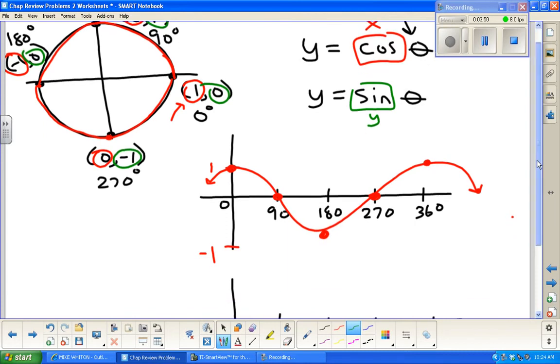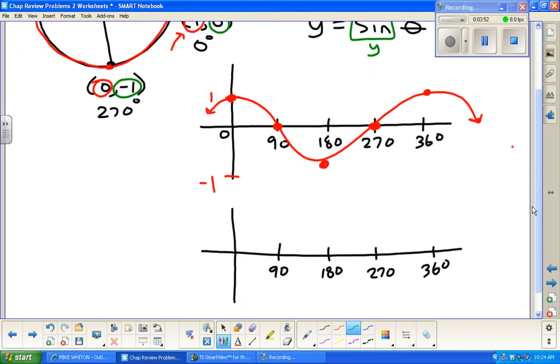Recognize that one actually starts at 0. I'm going to do this one a little quicker. It goes up to 1. By the time you're at 180, it's back down to 0. At 270, the sine, the y value down there, is negative 1, and then back to 0. So this one does this shape, and then of course it's going to keep repeating itself in both directions. Those are some of the basics.